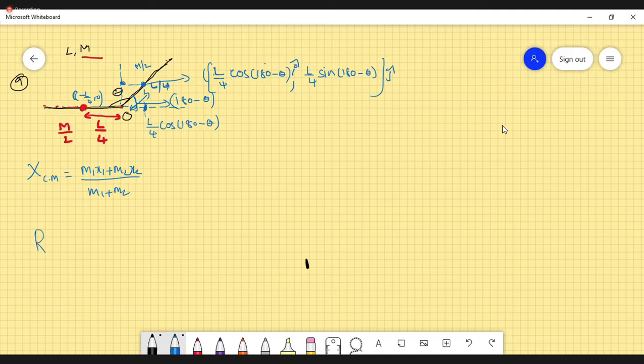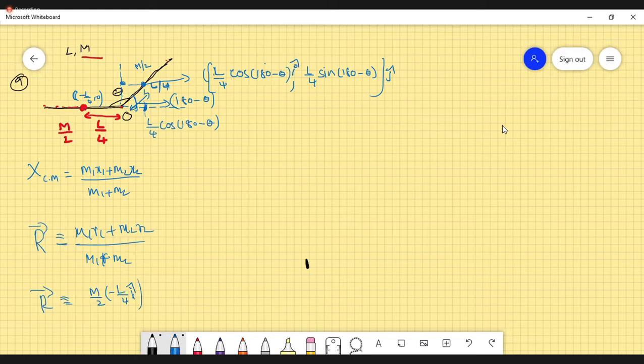Center of mass, if we consider, this will be M1 R1 plus M2 R2 by M1 plus M2. So the position of the center of mass: M1 equals M by 2, R1 equals minus L by 4 i cap, comma 0.